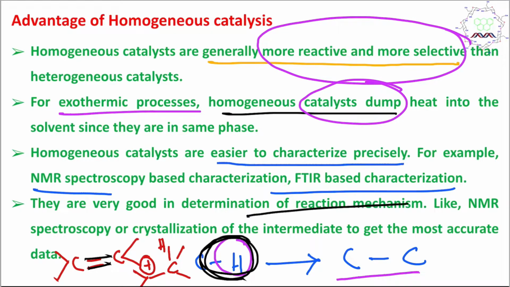Not only that, for homogeneous catalysts, sometimes people are able to separate crystals of the intermediate. I know you will not believe it, but it's true. The catalyst is a coordination complex, and the reactant and catalyst sometimes form crystals, and from that we can conclude how the reaction happens. That's the best proof based on my understanding. That's the unique character of homogeneous catalysis.